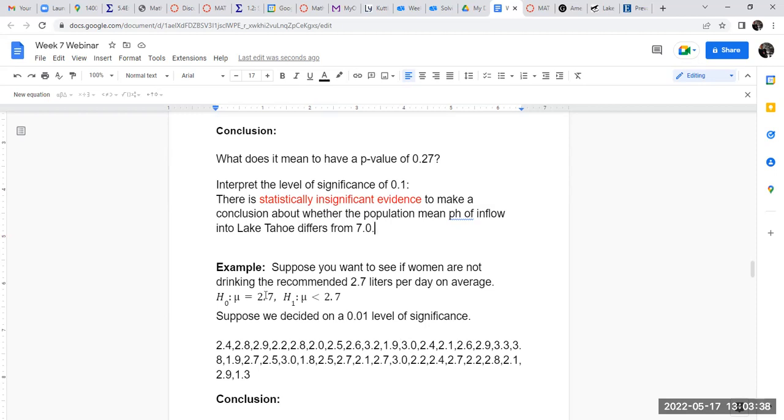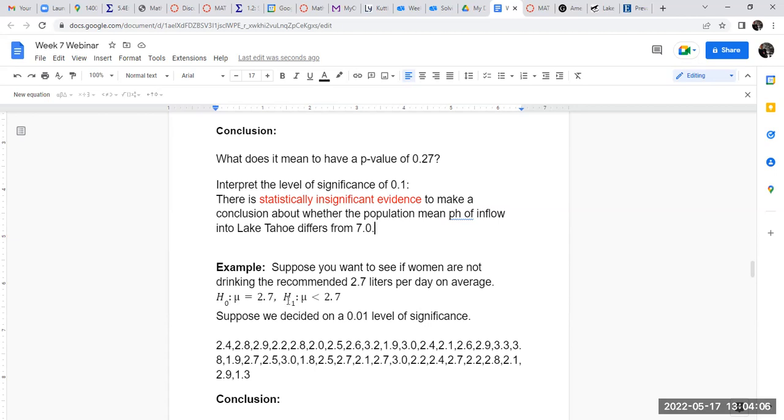Okay, here's another example. Now I can give you more data. Suppose you want to see if women are not drinking the recommended 2.7 liters per day on average. The medical people tell you you're supposed to drink 2.7 liters a day for women. So H naught is mu is 2.7.